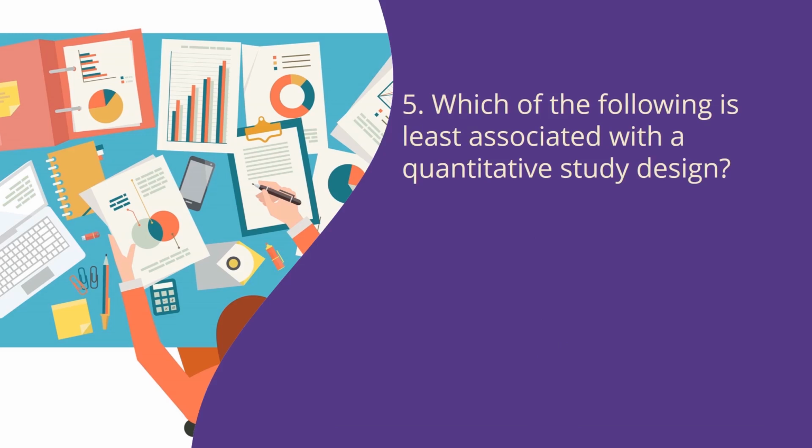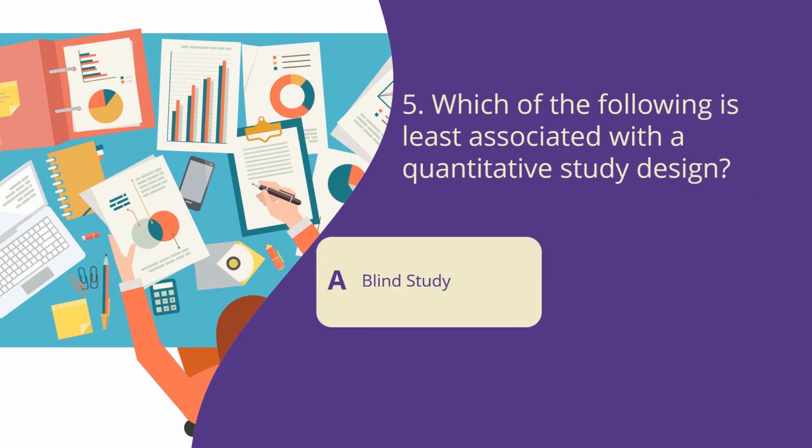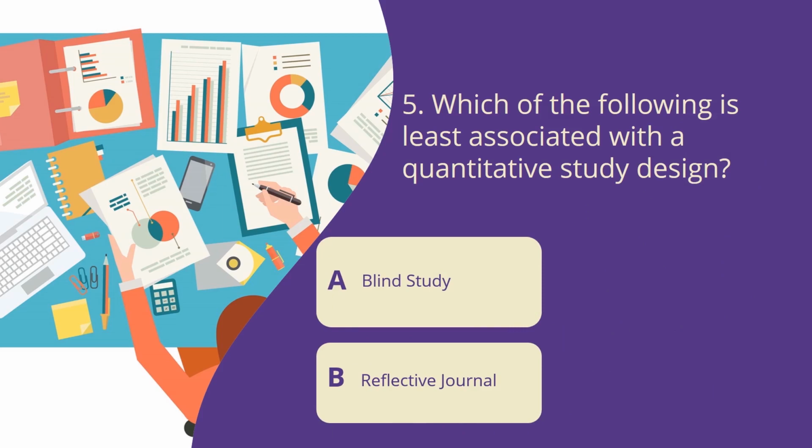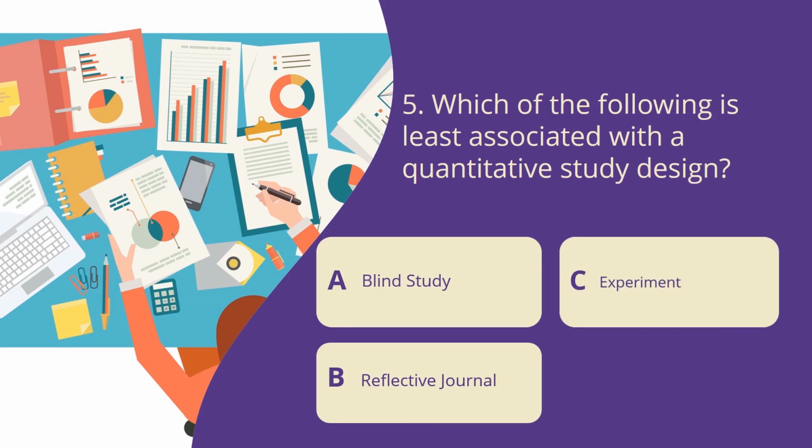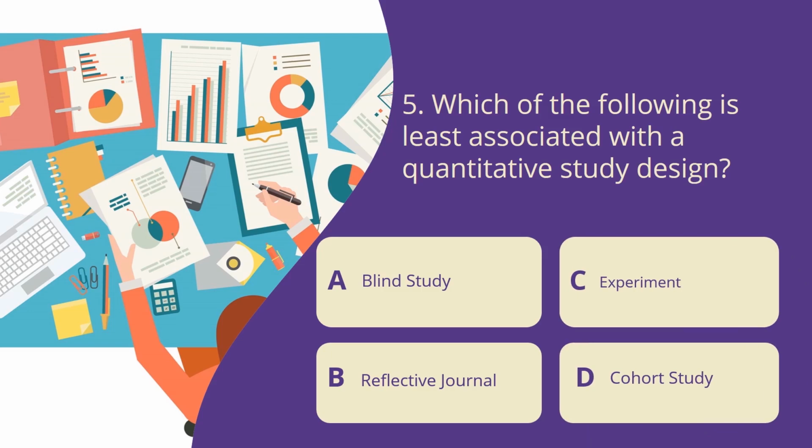Number 5. Which of the following is least associated with a quantitative study design? A. Blind study. B. Reflective journal. C. Experiment. Or D. Cohort study.